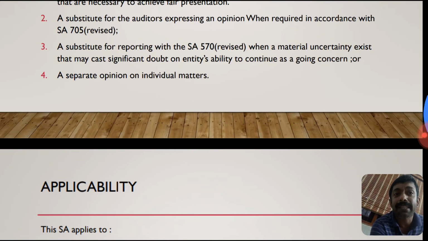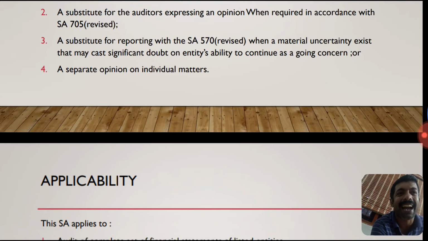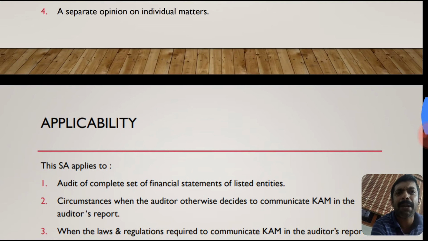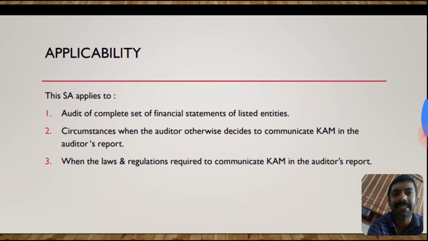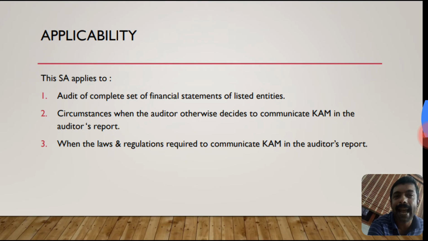They are not a substitute for reporting under SA 570 when material uncertainty exists that casts significant doubt about the entity's ability to continue as a going concern, and they are not a separate opinion on individual matters. This will be dealt with separately. SA 570 deals with material uncertainty, and SA 705 deals with modified opinions; these will be tackled in the concerned SAs.